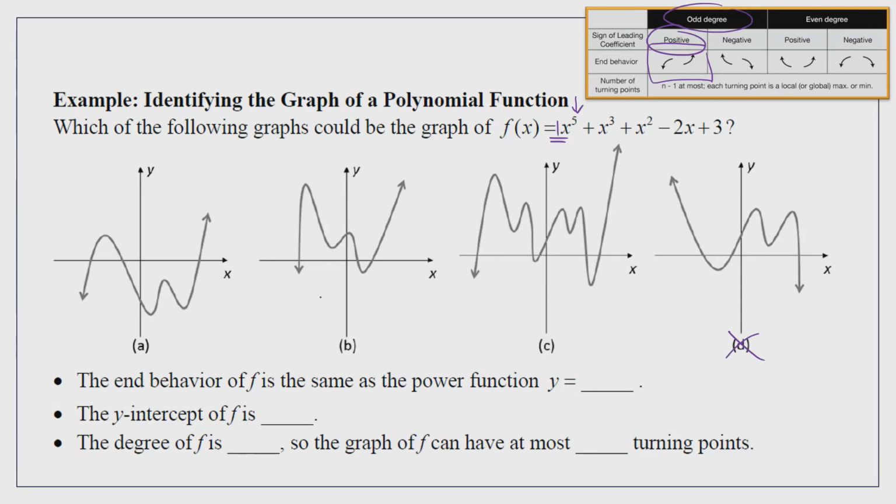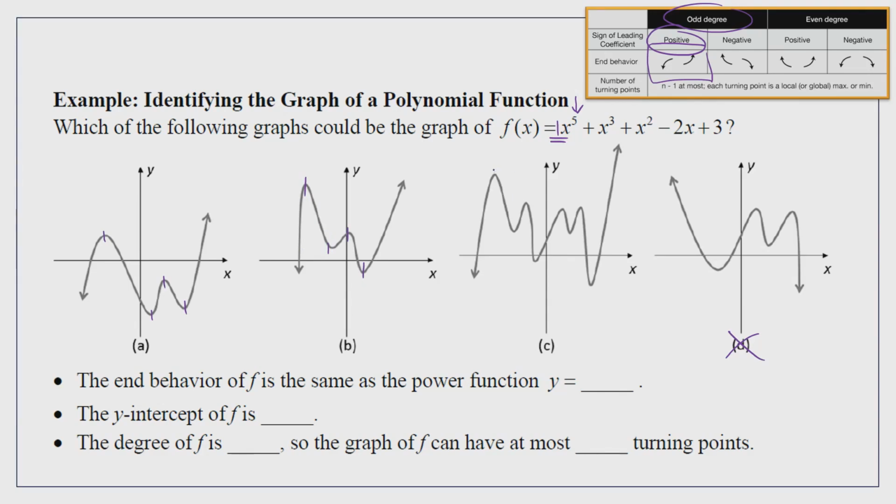In looking at A, B, and C, we need to identify which one has 4 turning points. The first one has 1, 2, 3, 4. B has 1, 2, 3, 4.